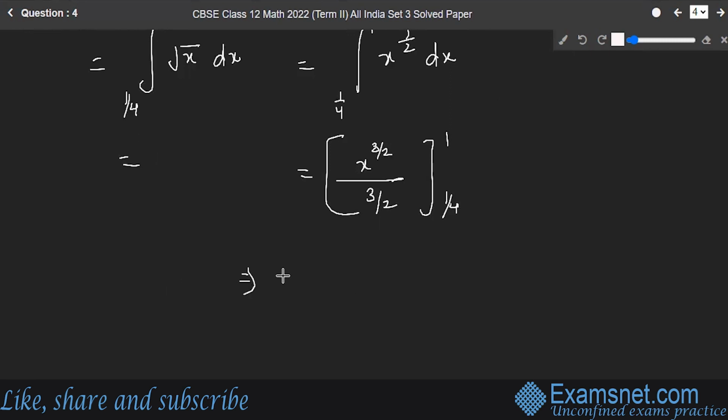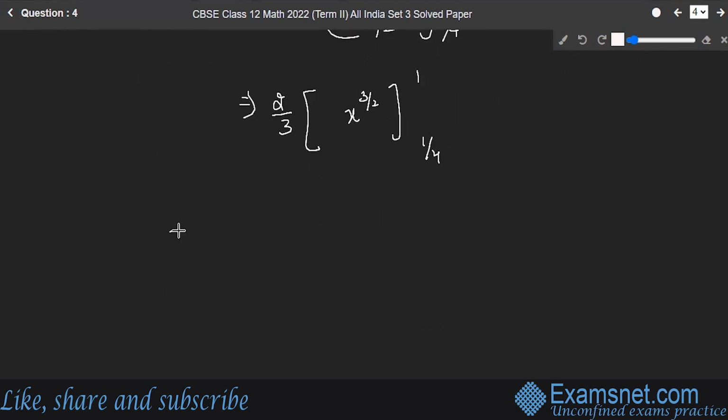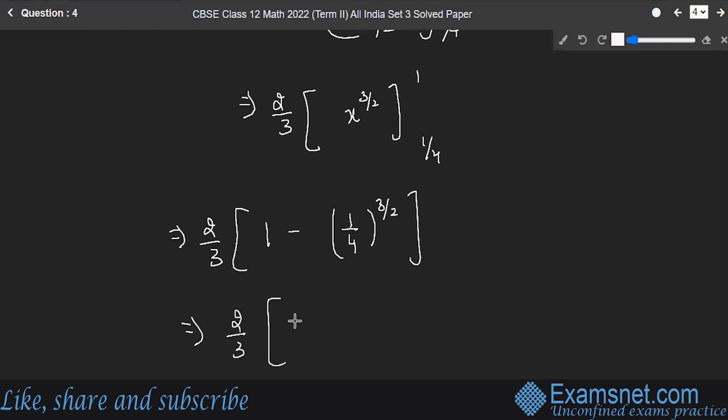So this will be equal to 2 by 3 coming outside, x raised to power 3 by 2 from 1 by 4 to 1, or 2 by 3, 1 minus 1 by 4 raised to power 3 by 2. So 2 by 3, 1 minus, this can be written as 1 upon 2 raised to the power 2 into 3 by 2, right?